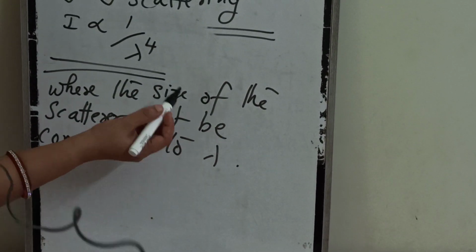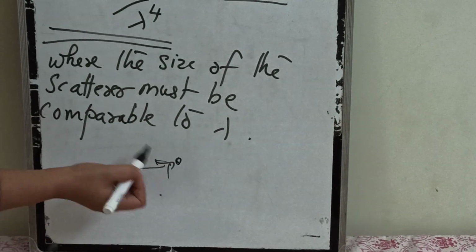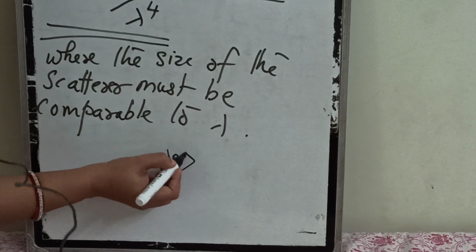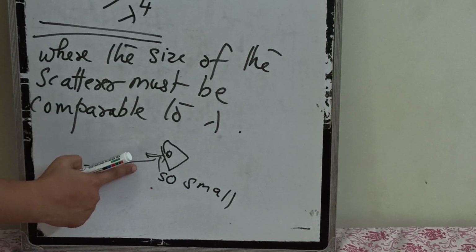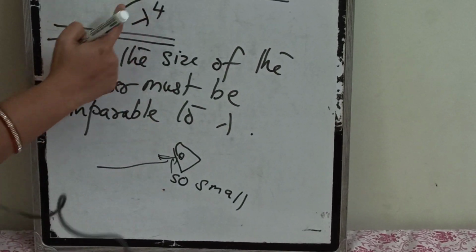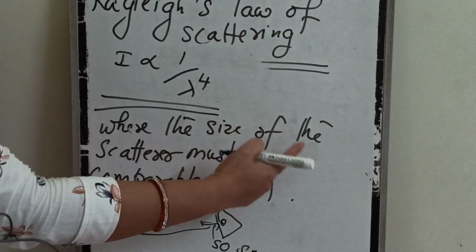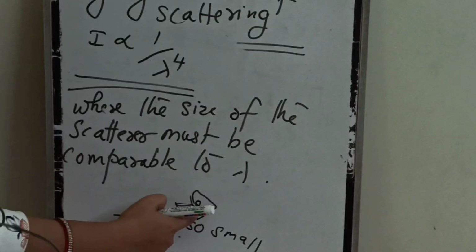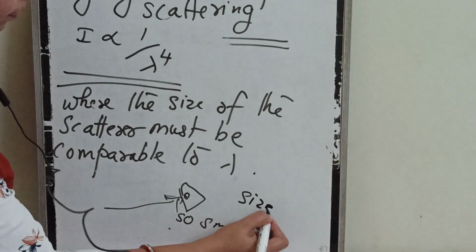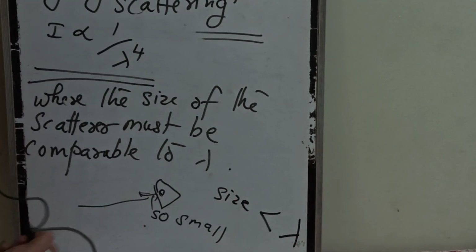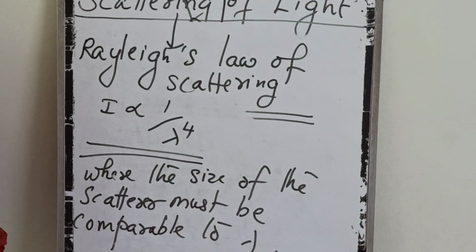It means that when light hits on a particular molecule or something present in the atmosphere, the size of this molecule must be so small, then only scattering will occur. Okay? So when you write this law, you have to write this also. I proportional to 1 by lambda raised to 4, where the size of the scatterer or the scattering molecule must be comparable to lambda, or the size should be less than lambda. Then only scattering will occur. Clear? This is Rayleigh's law of scattering.